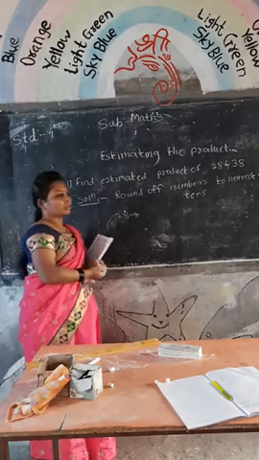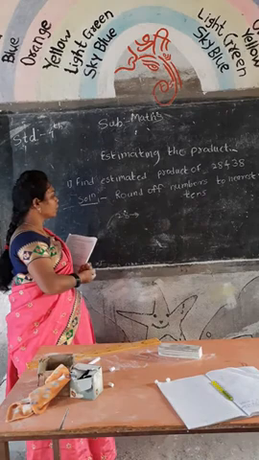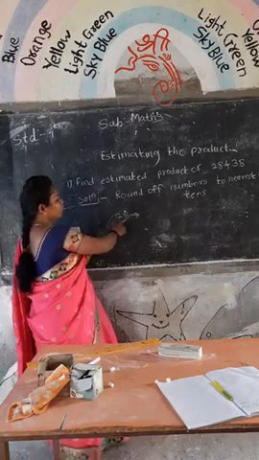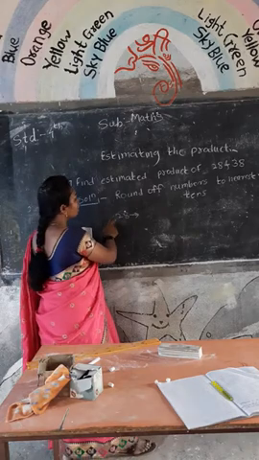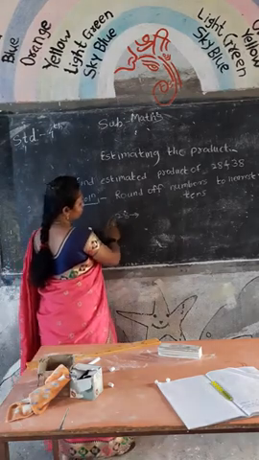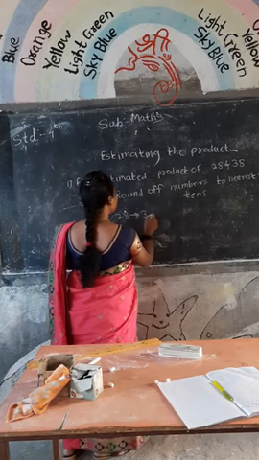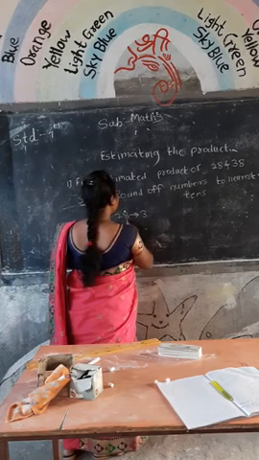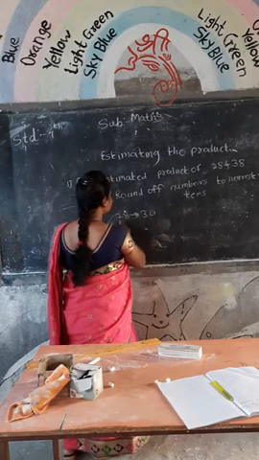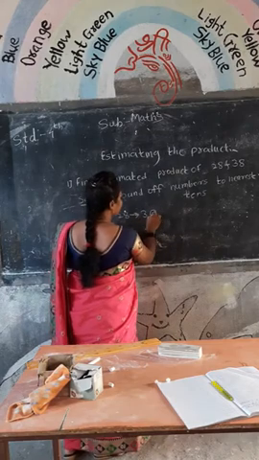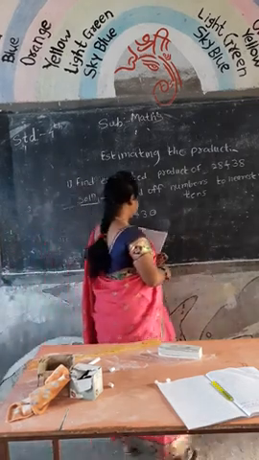Then the rule says that if the digit is equal to 5 or greater than 5, then take ones place digit as 0 and add 1 to the tens place. Take ones place as 0 and add 1 to the tens place, that is 2 plus 1 is 3. That is 30. 30 is the round up number of 28.